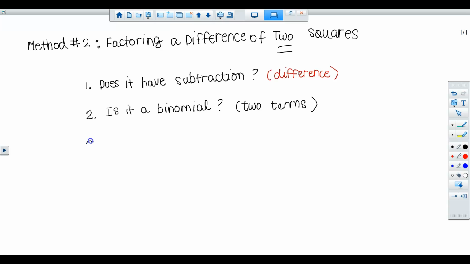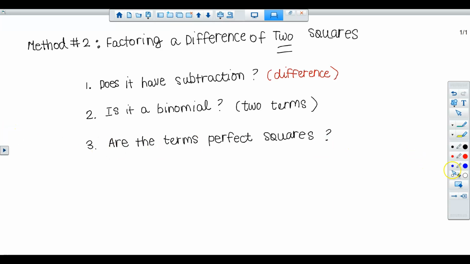And then the last thing you're going to look for is, are those two terms perfect squares? Are the terms perfect squares?